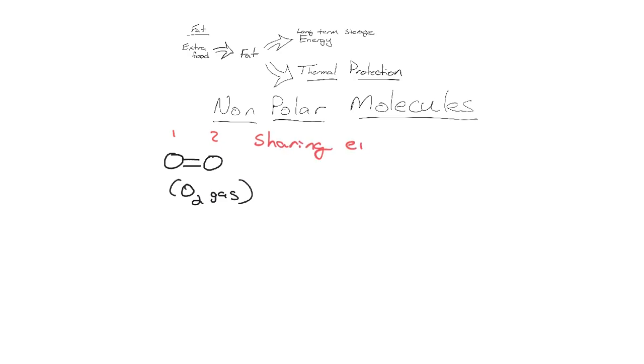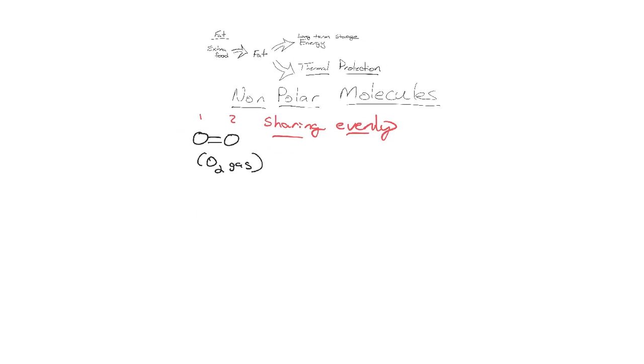However, when atoms bond in a way, that same oxygen atom, but instead of being bonded to another oxygen, has two bonds to hydrogen, we call this water, H2O, liquid.